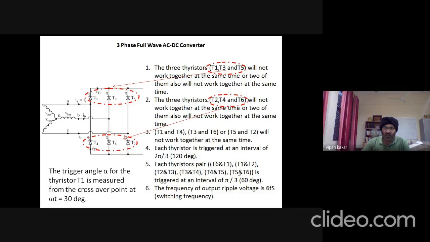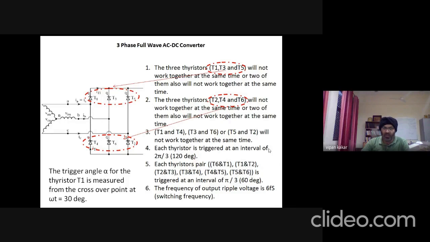Then T6 goes off, and now T1 is conducting with T2. Now T1 goes off, and T2 is paired with T3. Next, T2 goes off and T3 is paired with T4. Then T3 goes off and T4 is paired with T5. T4 goes off, and T5 is paired with T6.